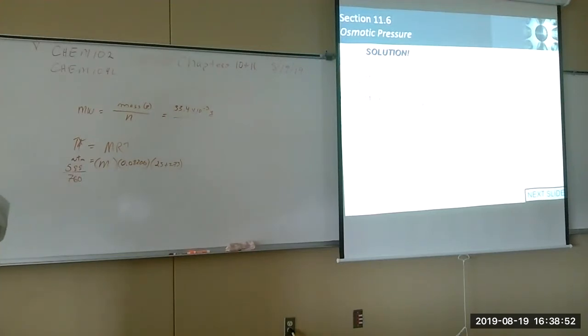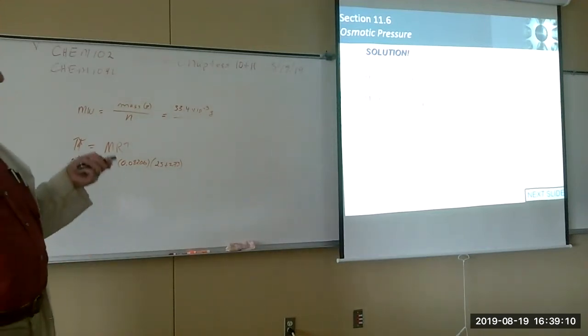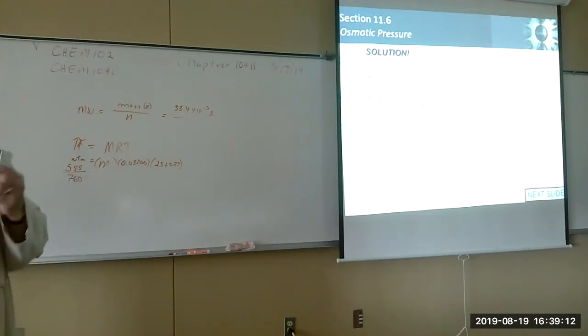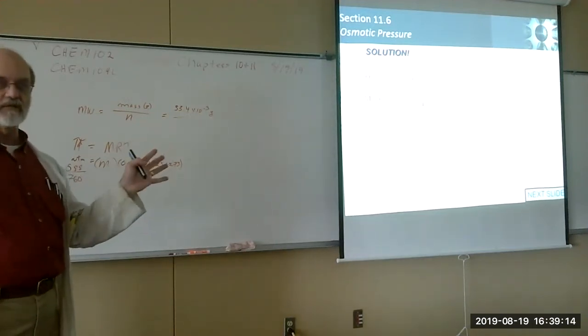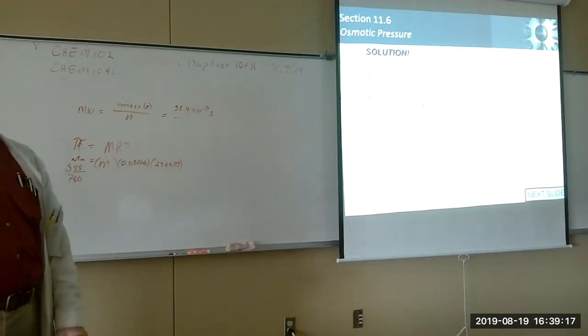Remember when we were doing empirical formulas, molecular formulas based on first percent composition, then you had to know what's the true molar mass in order to go to the next step. Remember that? This is one of the ways to find it. This method gives you that molar mass independent of the percent composition.